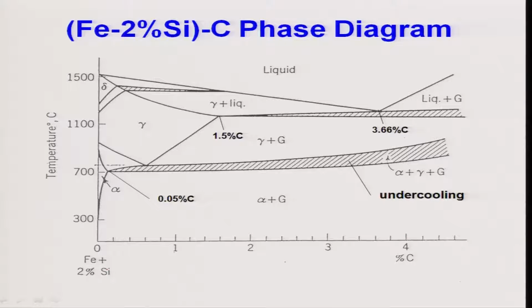So, what you see here is the gamma plus liquid, liquid plus graphite, gamma plus graphite, the eutectic reaction here, and this is the alpha plus gamma plus graphite, the eutectoid reaction here.